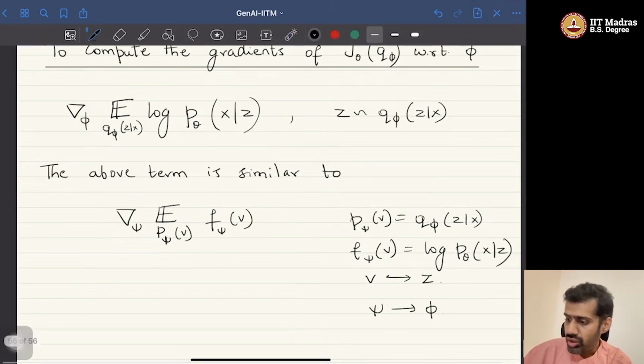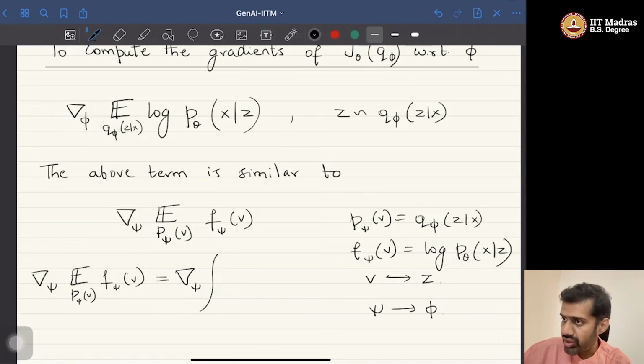Now, how does that look? Let us write that down. The gradient of the expectation of some function with respect to a distribution is equal to, let's write that down, the gradient of the expectation.